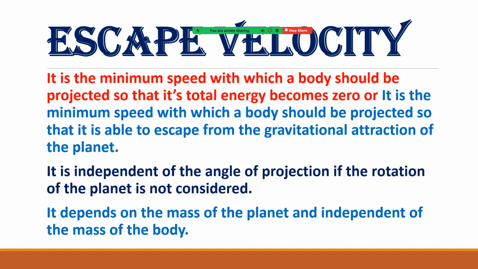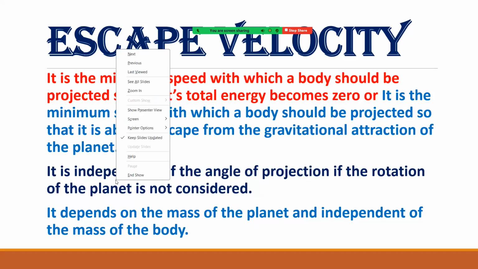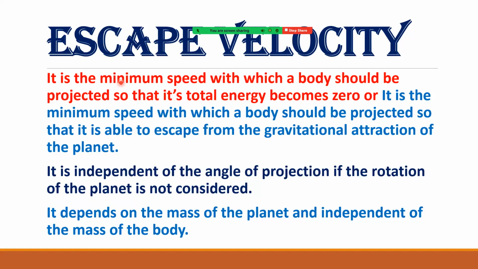Right, now some important points regarding this. It is the minimum speed with which a body should be projected so that its total energy becomes zero, or the minimum speed with which a body should be projected so that it is able to escape from the gravitational attraction of the planet. It is independent of angle of projection if rotation of planet is not considered.